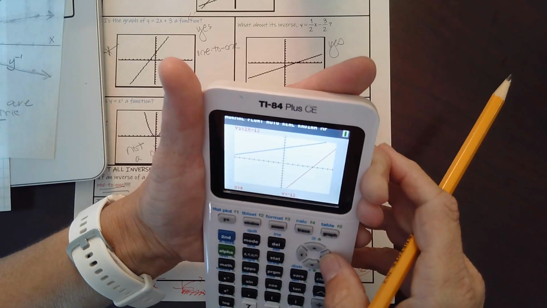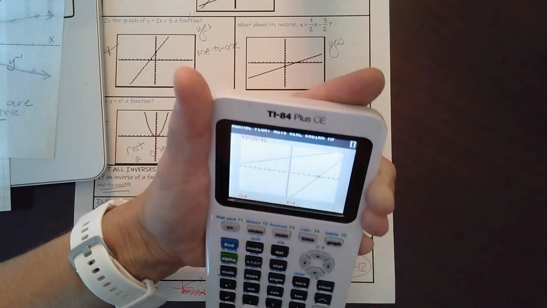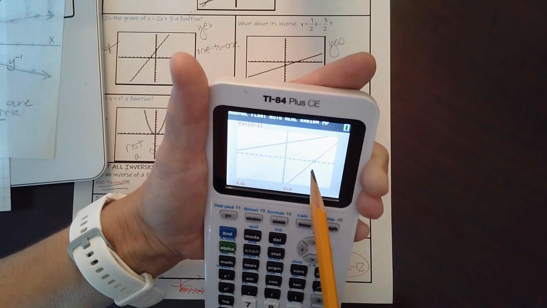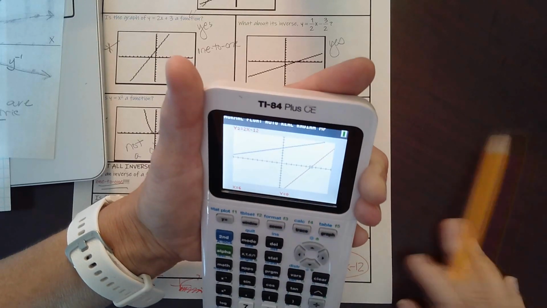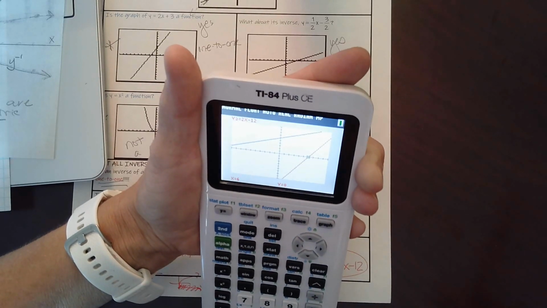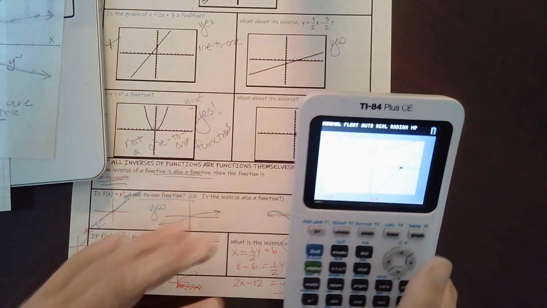So if I type in 6 for x and then enter, notice that the calculator will put the point at (6, 0), which is one point that verifies that these two graphs are inverses. Okay?